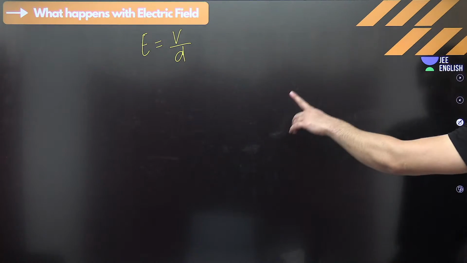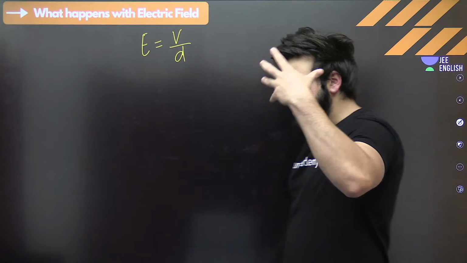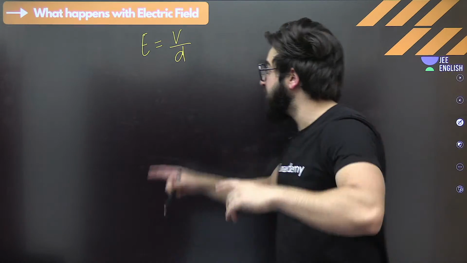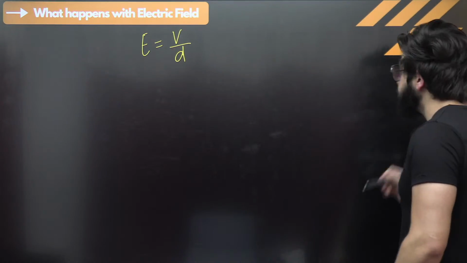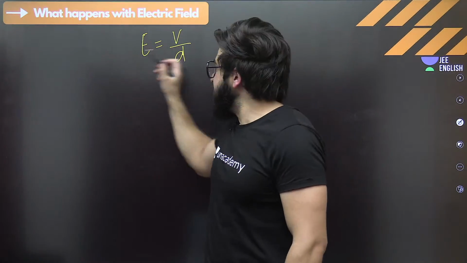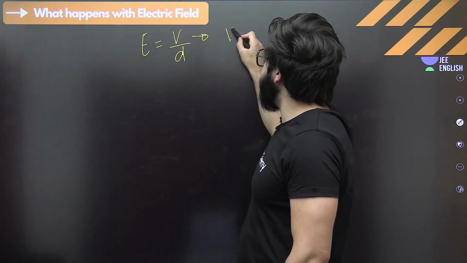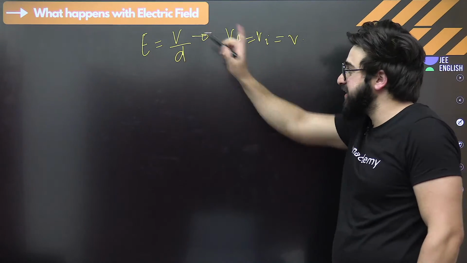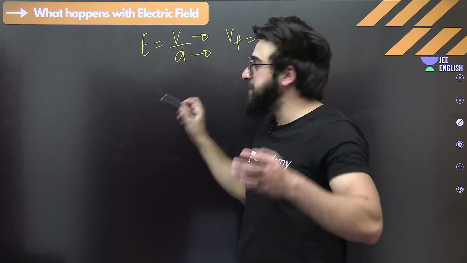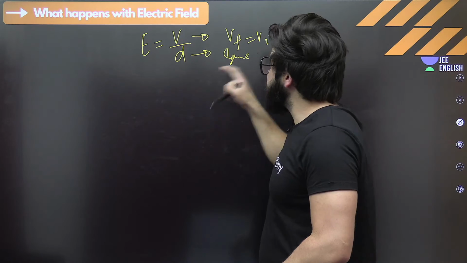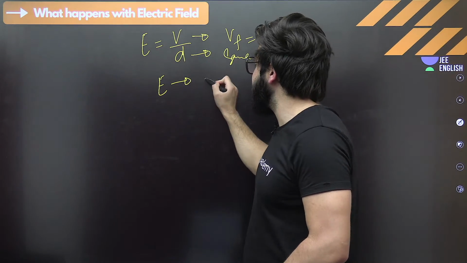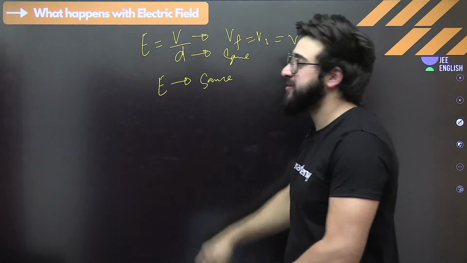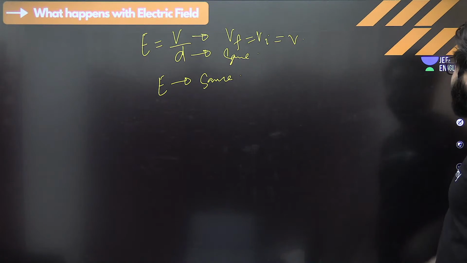This is what we are studying basically when battery is disconnected and when battery is connected. Okay. So in this case, can I say potential remains same because Vf is equal to Vi is equal to V only in case of when battery is connected? Yes. So D, distance between the plates, remains same. So can I say in this case, electric field will be also same 100%. Okay. This happens with the electric field over here.